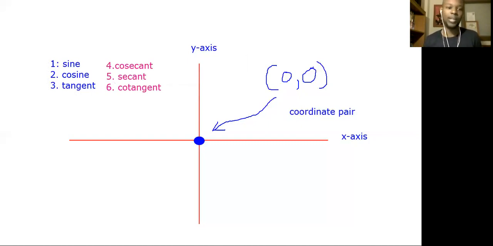So how we learn how to remember these is by, first of all, seeing a visual of a right triangle. Let me go ahead and erase this right here just because I need the space. I'm going to use a straight line drawing tool.